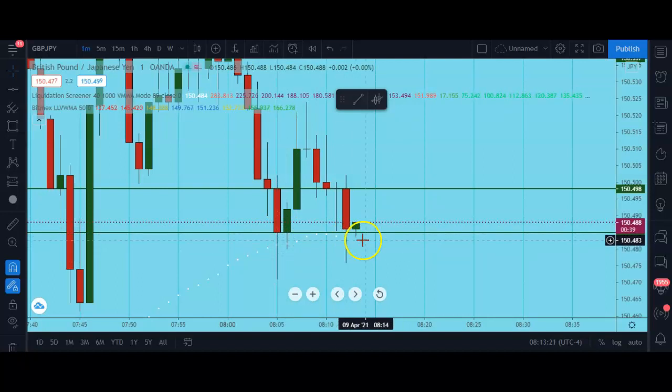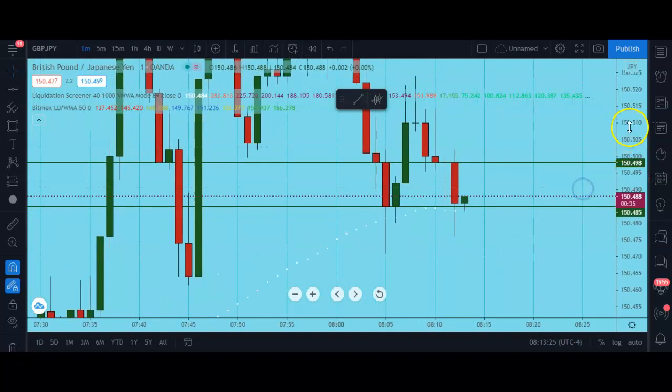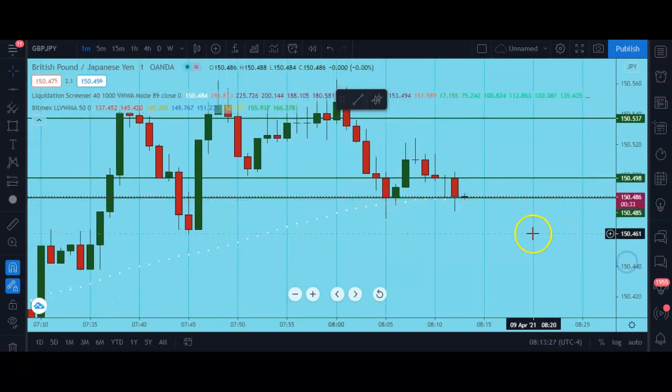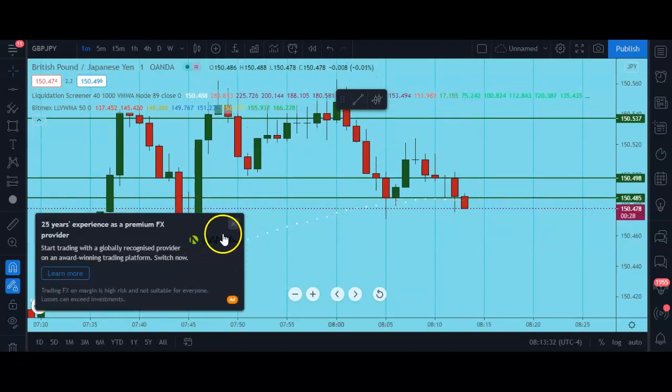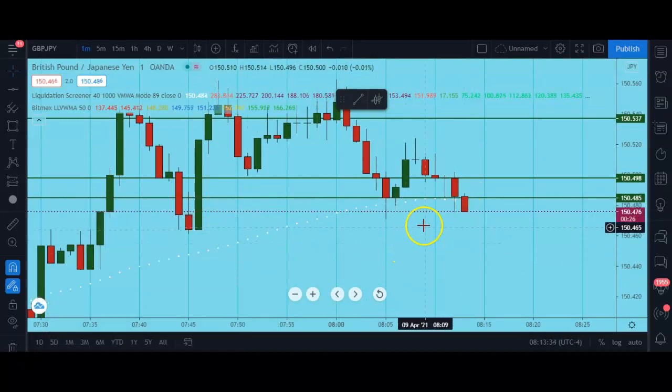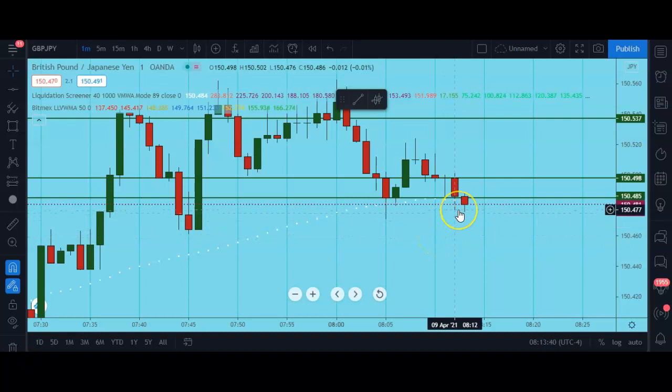I'm gonna say that, let me see, price is going to, what it's doing right now is filling this wick, but where it closes, I'm going to state that price is going to close above here.